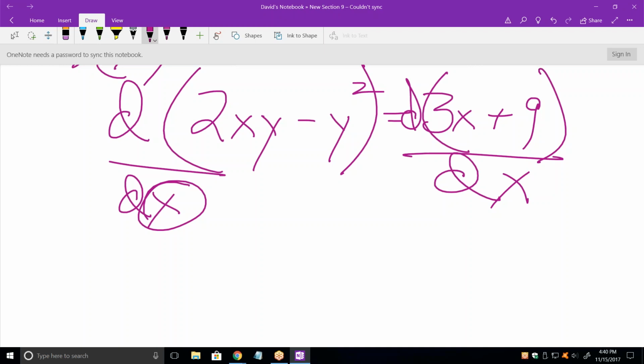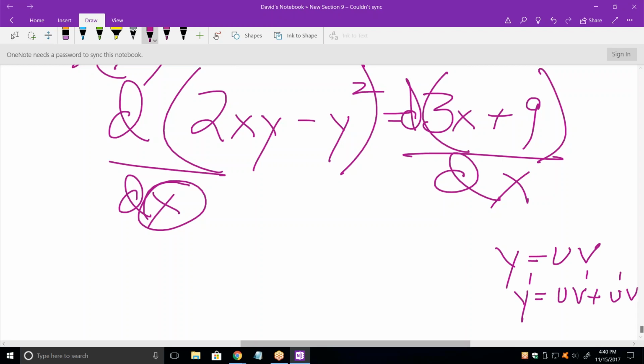So I think it's a good idea to always do it the same way. In other words, if y is equal to u times v, then let's always make y prime start with u v prime, plus the opposite, u prime v. Just always do it that way, because usually what happens to students is they try to do whichever one is the easiest derivative first. And then it's very difficult for me to follow what they're saying. So let's always start with u.